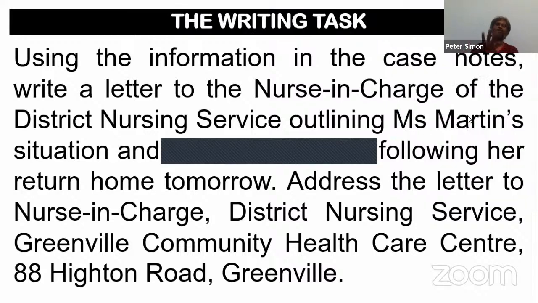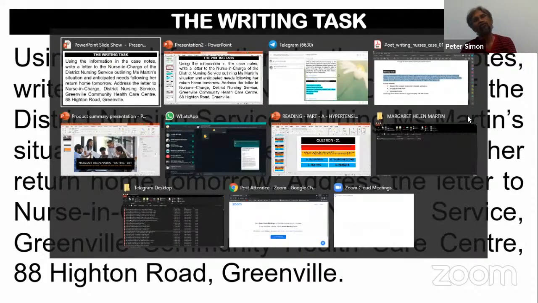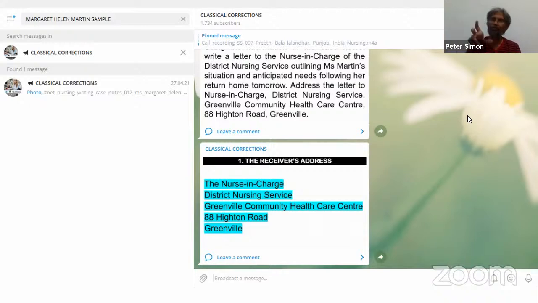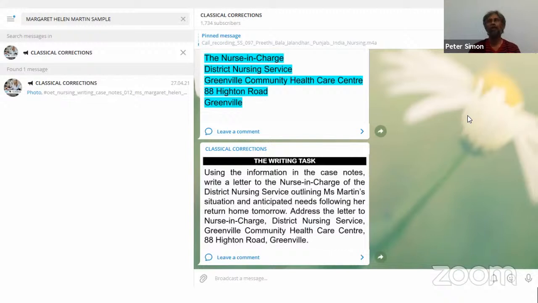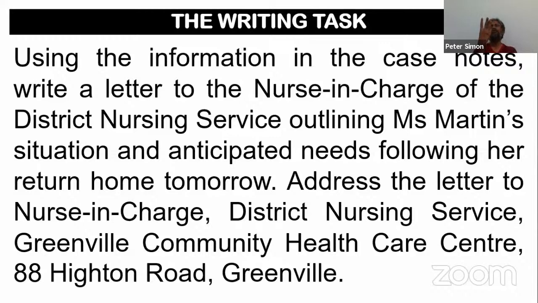Now here, from the writing task, you get the information from the writing task, not anywhere else. So, if the writing task mentions or hides the names, for example, personal name, Mr. Abraham Lincoln, if it is there in the writing task, so there are three things in the salutation.